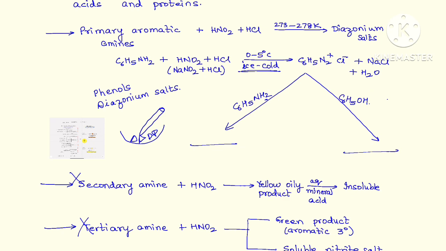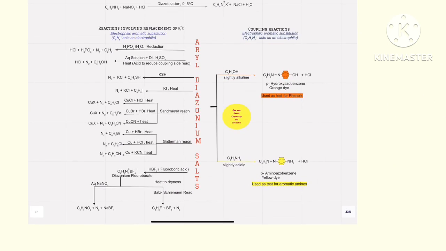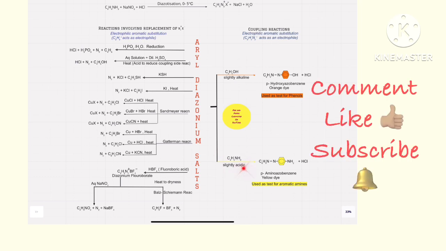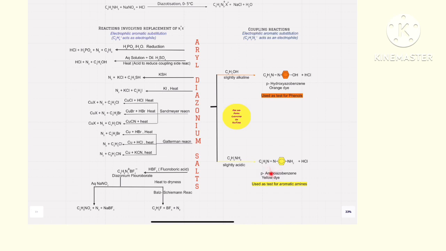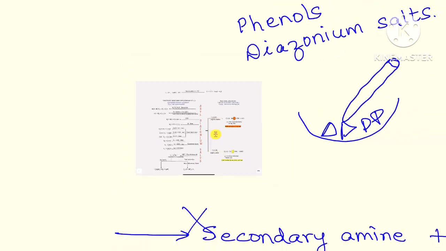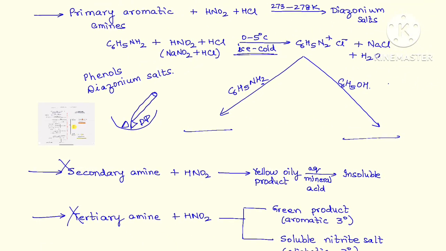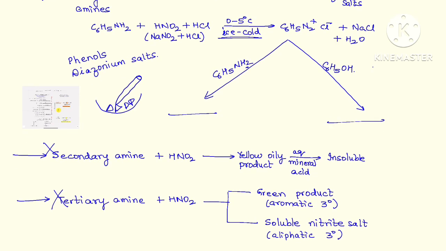So here we see that the diazonium compounds react differently with phenols and primary aromatic amines. In the case of phenols, the diazonium salts give you an orange dye, whereas in the case of primary aromatic amines, they give you a yellow dye. Now, you know why we said that this reaction is actually used as a test. Isn't it interesting? Yes. This chart and videos pertaining to it are already there on the channel. Please take advantage of it. These are all designed keeping you in mind.